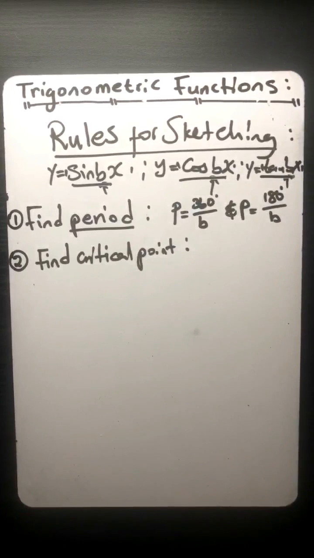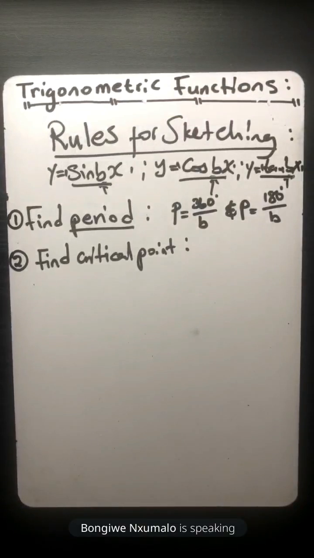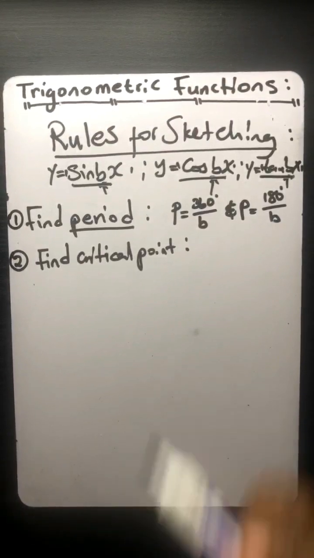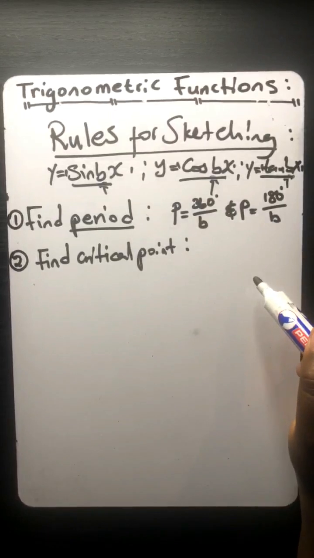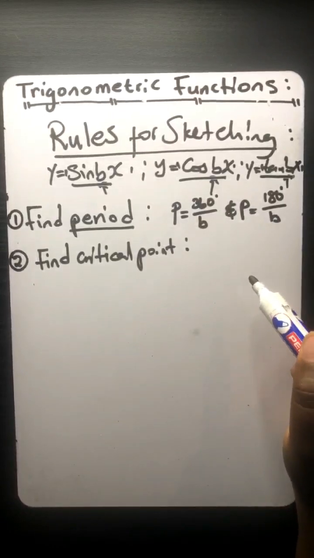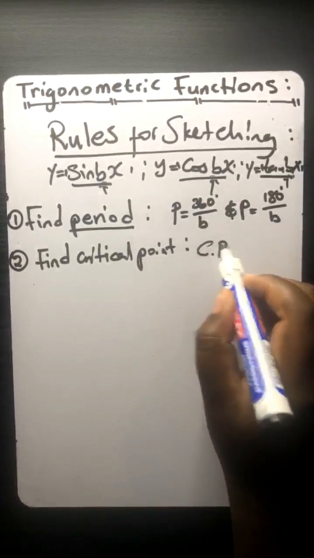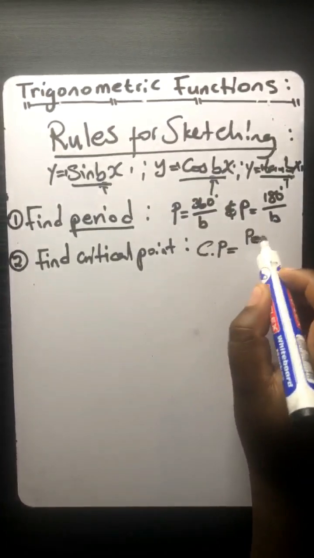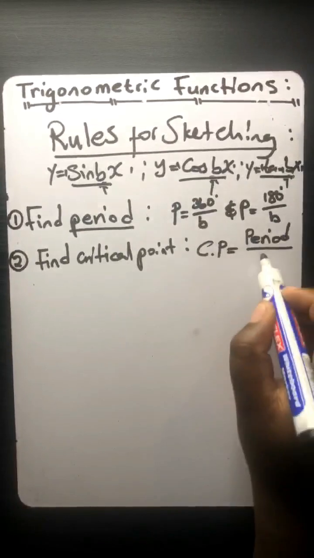In case you don't know, please do make sure to say no idea or you do not know. I don't know, sir. Okay, I'm not surprised, but it's very, very easy. You won't believe it, but to find the critical points, you just take the period that you calculated and divide it by 4.